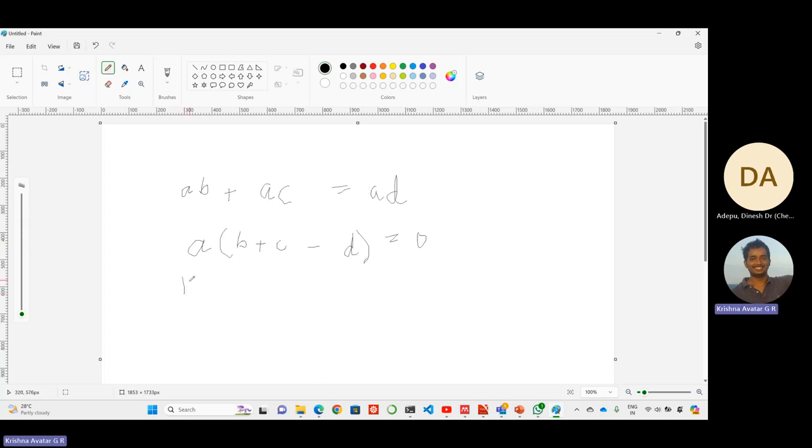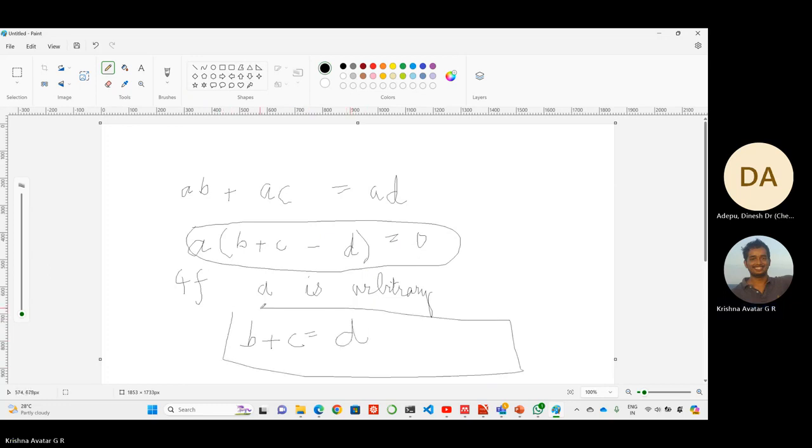Now, if A is arbitrary, then for this expression to hold for any A, the only conclusion we can have is that the bracket is zero. The same reasoning goes here also, just that A happens to be a vector and B, C, D are vectors as well.